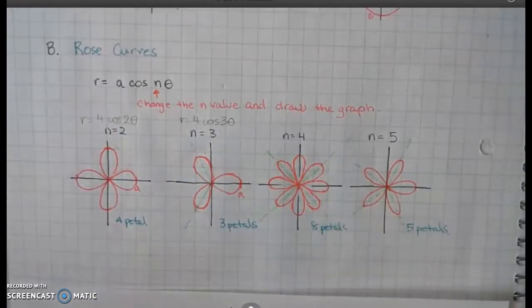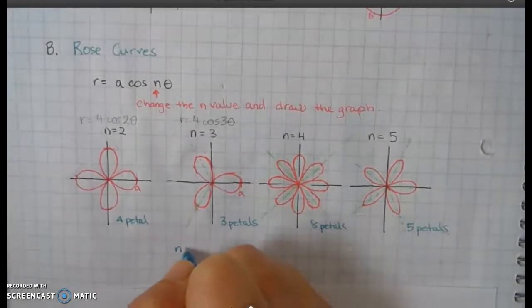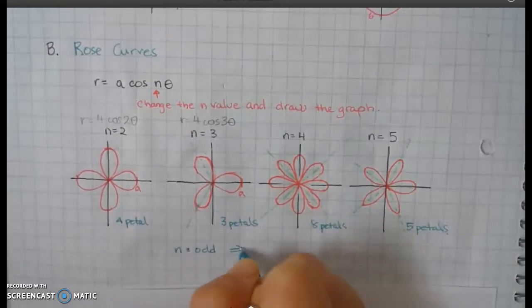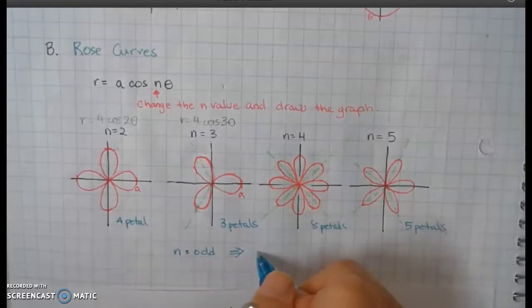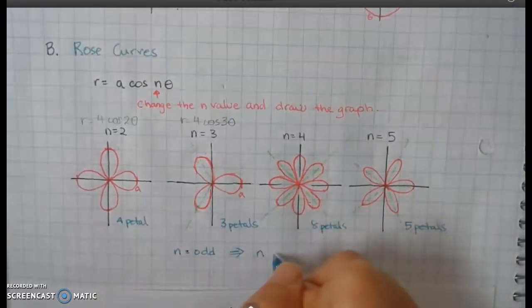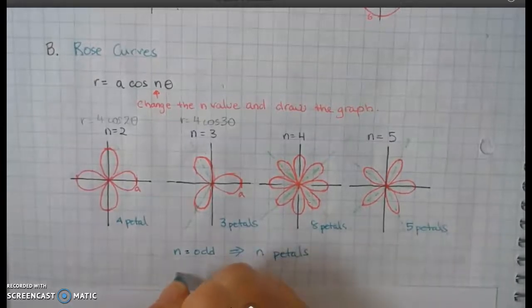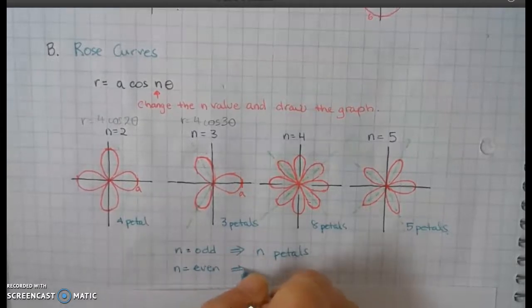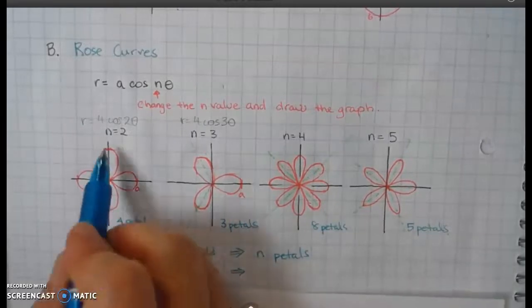So what you should have discovered is that if n is odd, then the number of petals you end up with is just the same number as n. However, if n was even, we ended up with 2 times n petals.